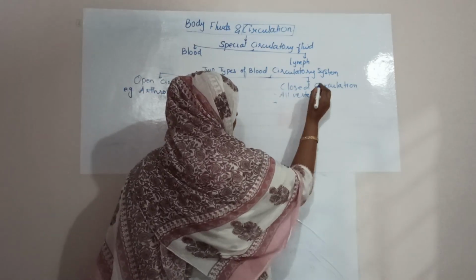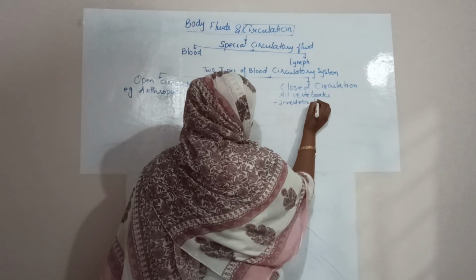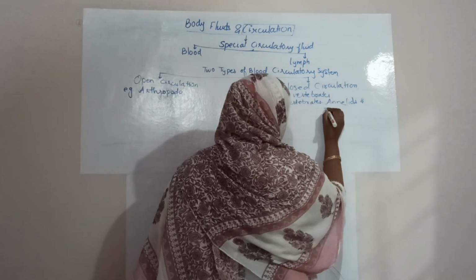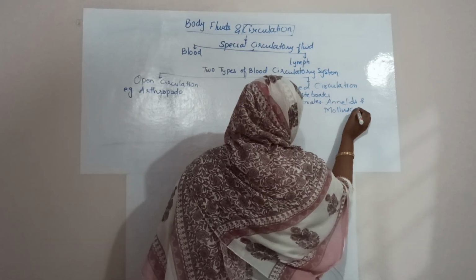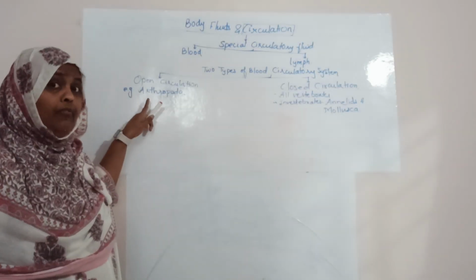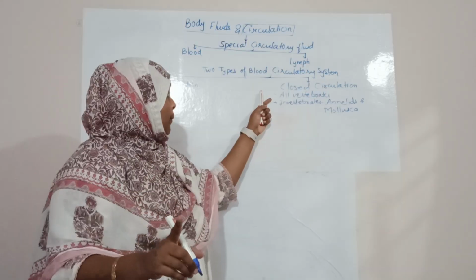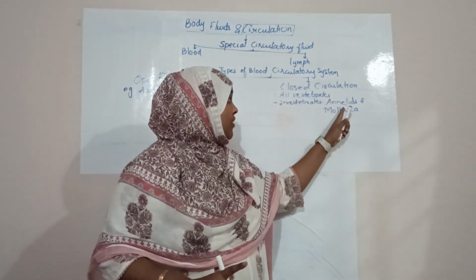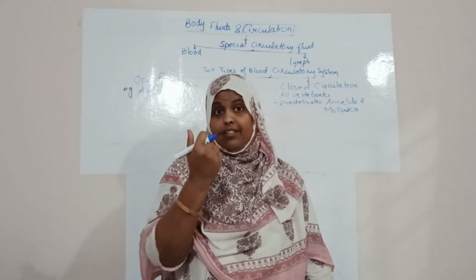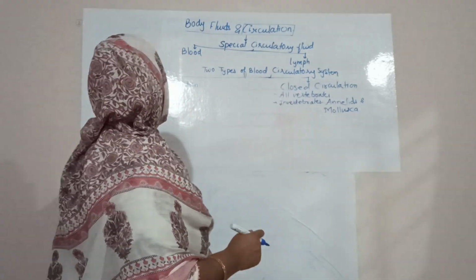The examples of closed circulatory system in invertebrates are annelids and mollusca. So open circulation is present in phylum Arthropoda. Closed circulation is present in all vertebrates, and among invertebrates in annelids and mollusca. Mollusca is the second largest phylum in the whole animal kingdom.